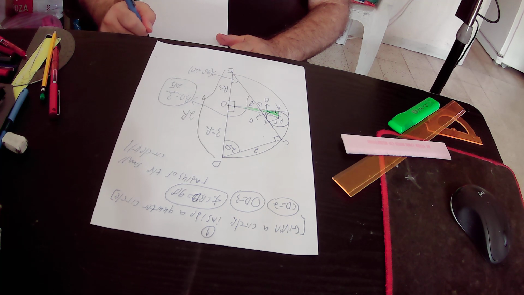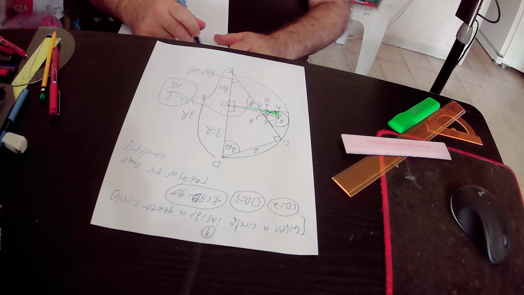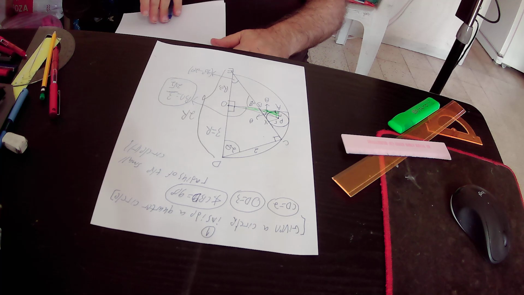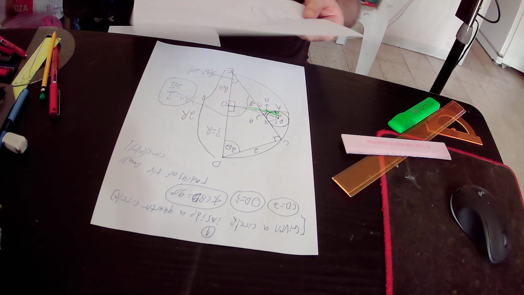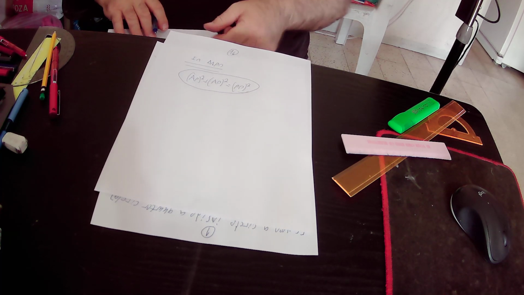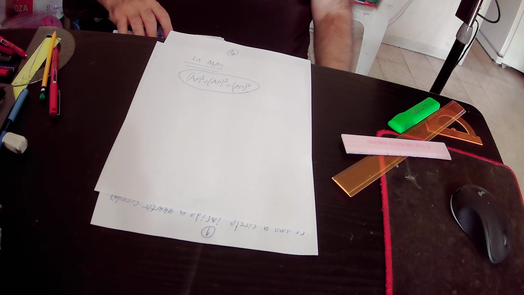The square of the hypotenuse equals the sum of the squares of the perpendiculars. Okay? AP square plus AO square equals PO square.